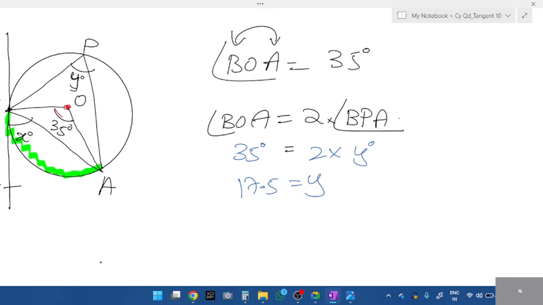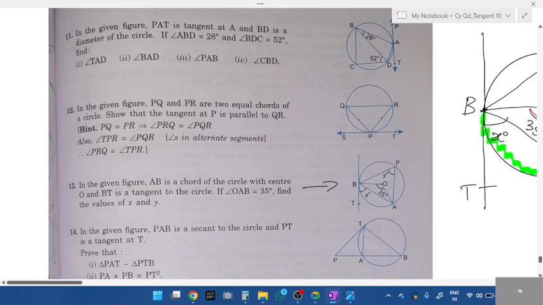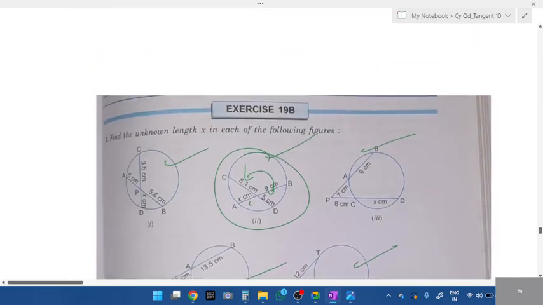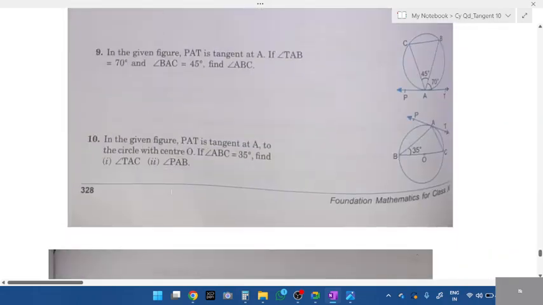Exercise 19. 19, which one? 19B, 13th question.